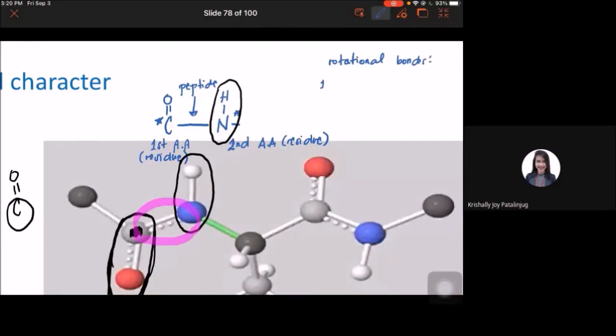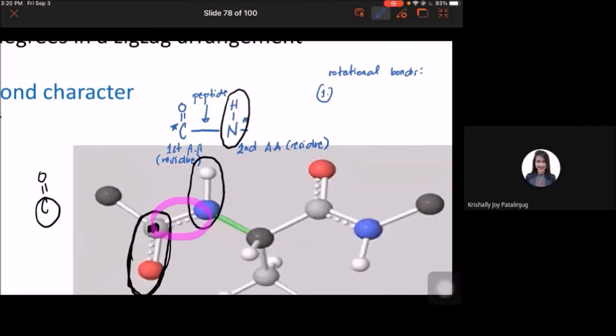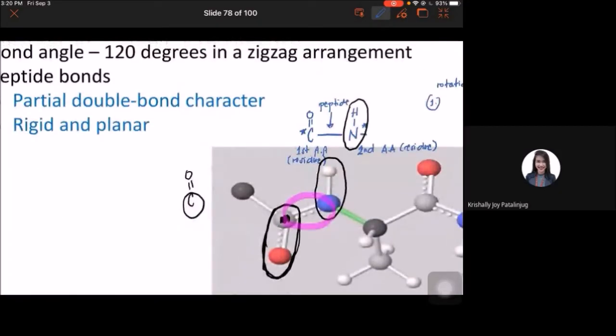Number one is the bonds that surround the alpha carbon. What are the bonds that surround the alpha carbon? You know already the alpha carbon, right? The central carbon of an amino acid. If this is the alpha carbon, let me zoom out. This is the alpha carbon, and it has 4 groups.